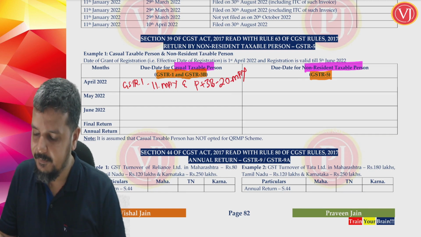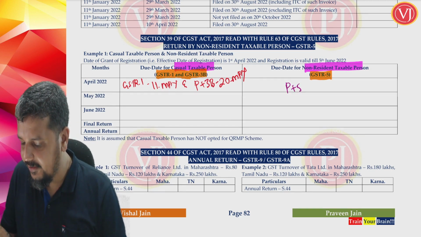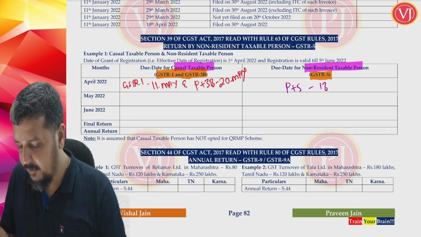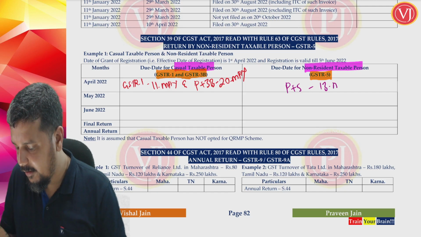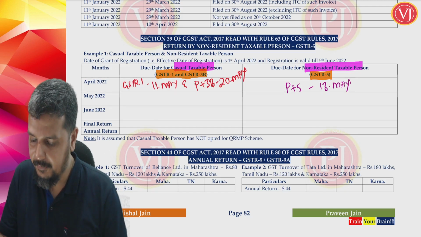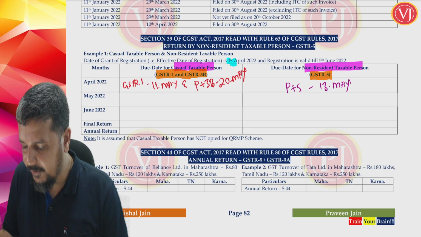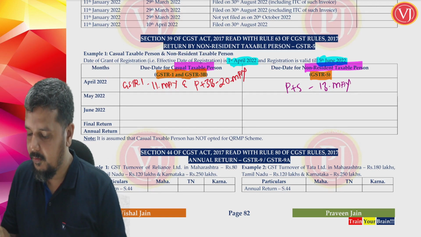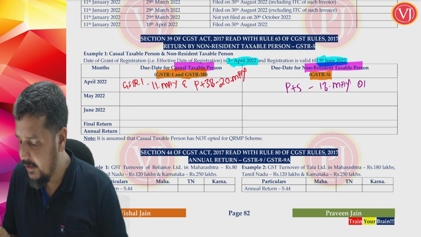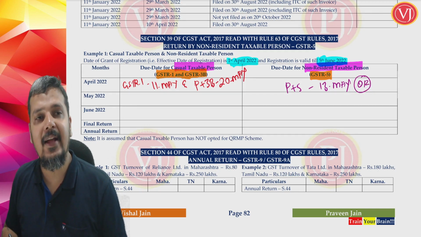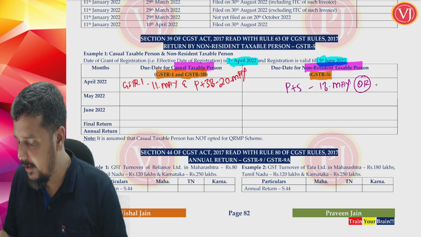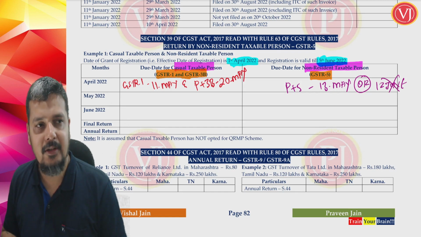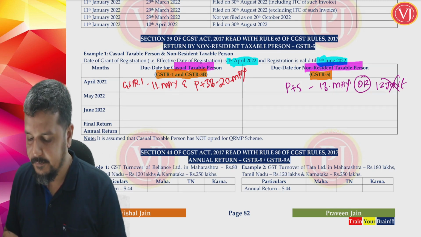What about NRTP? Payment as well as GSTR 5 is on 13th of May. Wait. Look at the question carefully again. Registration is given on 1st April and its last date is 5th June. So, 13th of May or 7 days from the last date of registration, which would be 12th of June, which is earlier? 13th of May.